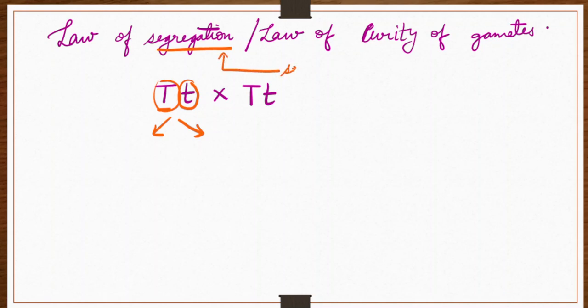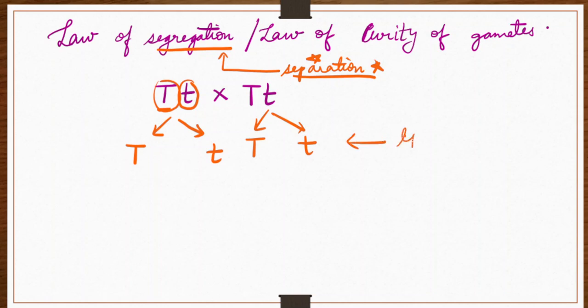Segregation is also known as separation. Segregation and separation are the same words. So capital T and small t are segregating, means they are separating from each other.